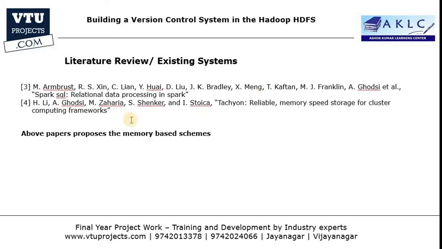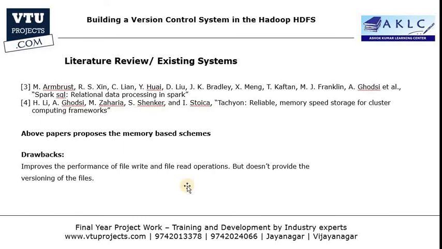And then there are two more papers that I have mentioned here, which propose some memory based schemes. That means they will be storing some versions of the files in program memory or some permanent memory, something like that. However, there are some drawbacks of this approach as well.